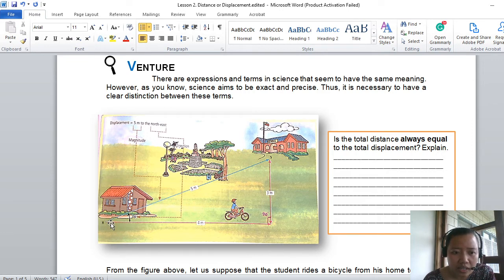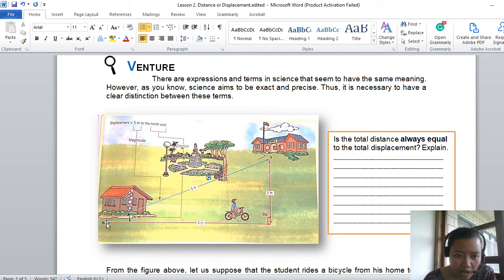As you can see, the boy who is riding a bicycle starts with this starting point or reference point to the east. So he traveled 4 meters. And then he also traveled 3 meters going to his school.